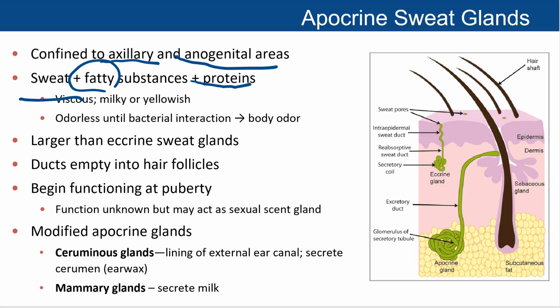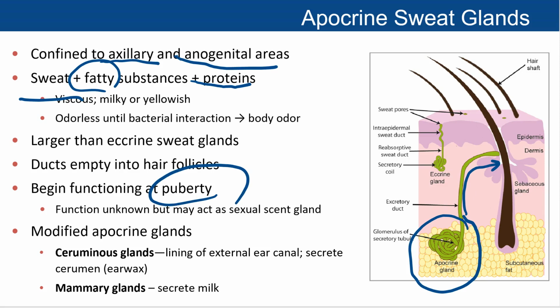It's a viscous, milky, or yellowish product, which is released into hair follicles by their duct. So look at the apocrine gland in this image, and through their duct, they release their milky viscous product into hair follicles, and apocrine glands start to function at puberty under the stimulation of sex hormones.